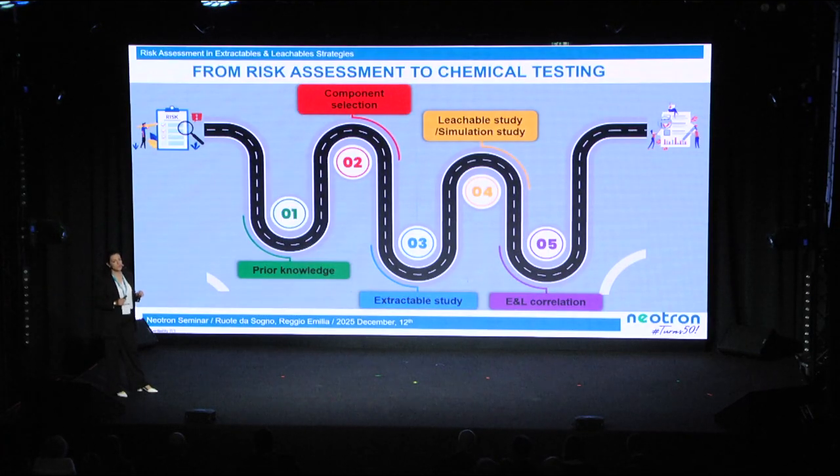This is a fundamental part because the extractable profiling has to merge with the leachable part, with the leachable outcome. And this is quite fundamental for two main reasons. The first reason is that with a correlation, we can know where the problem is, where the real risk is, which is the main component of concern.